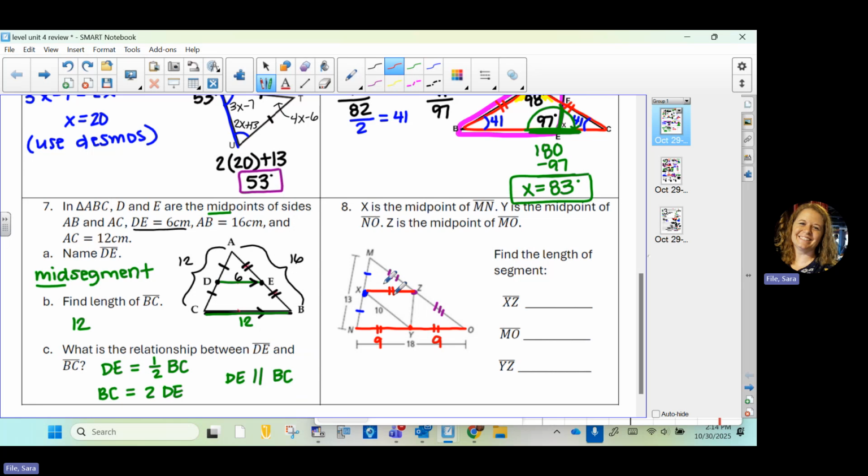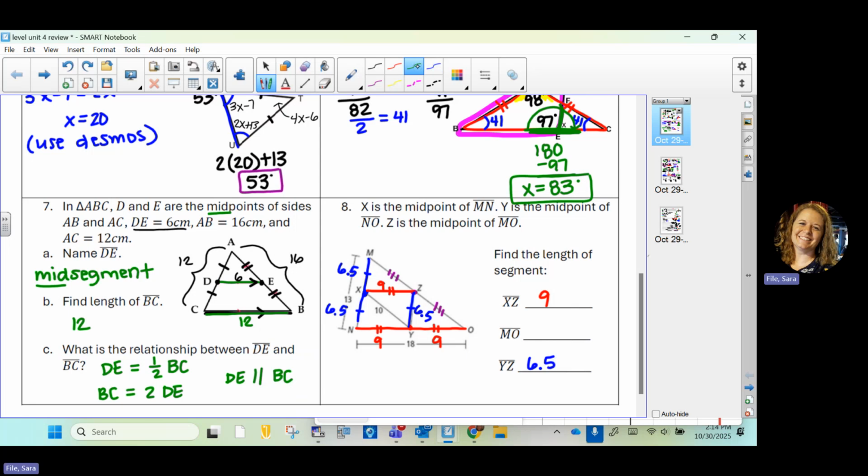So XZ is 9. Now I'm going to do the blue side. The blue side, MN, is 13. So this is the mid-segment parallel to it. What's half of 13? 6.5. So that's ZY or YZ.